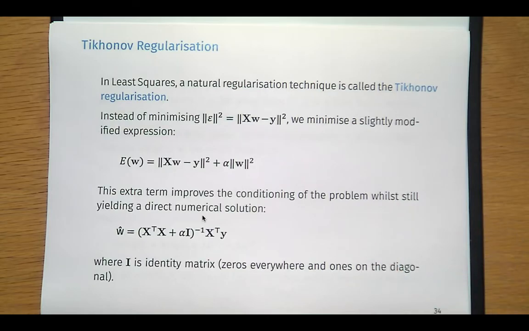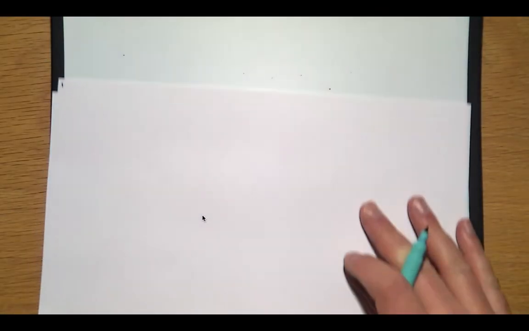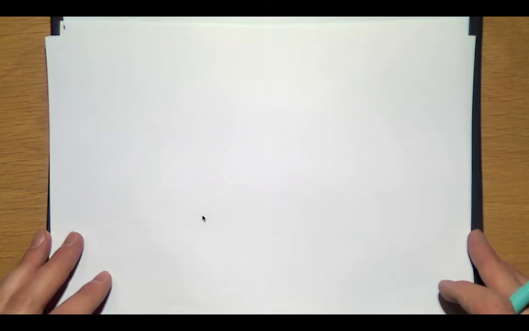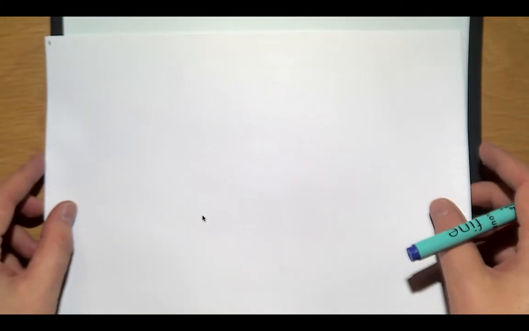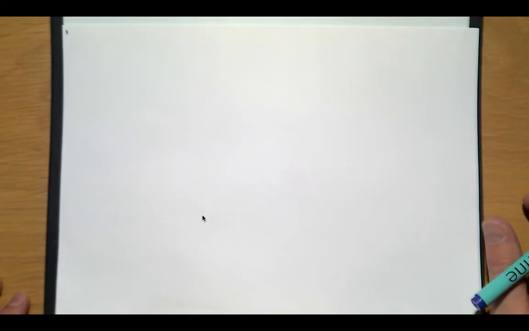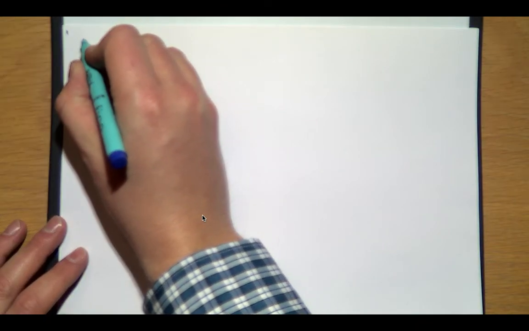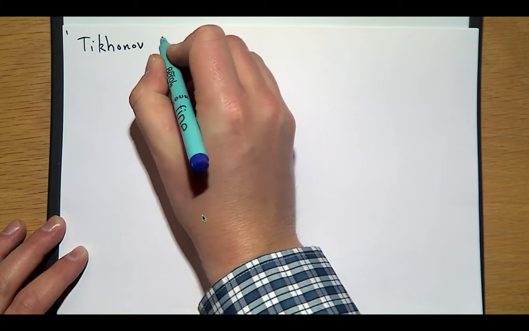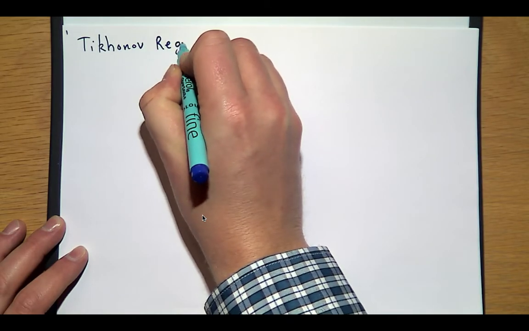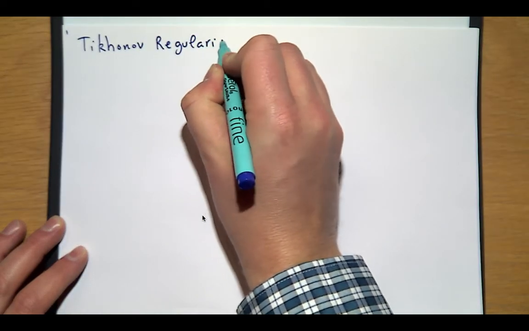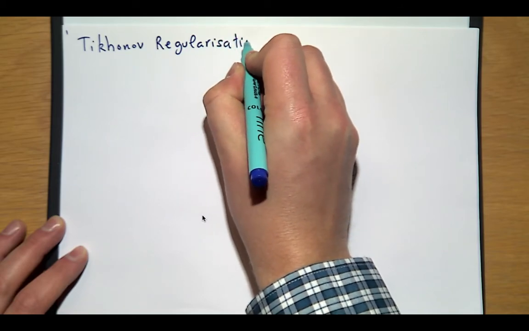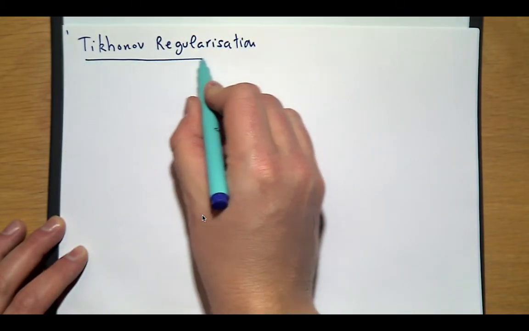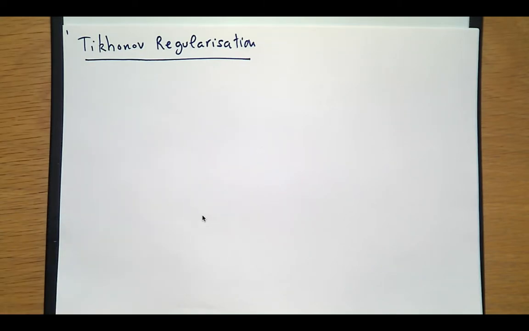Okay, so I'll just briefly derive what we have, and this is called the Tikhonov regularization. Now, there are many ways of spelling Tikhonov. This is a Russian name, and this is just one of the many ones.